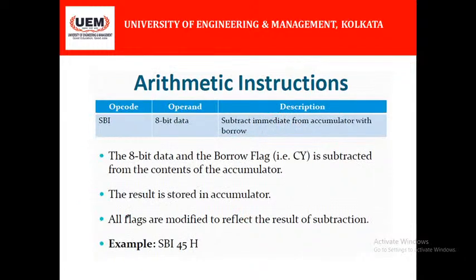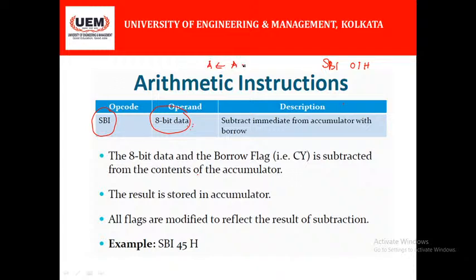But in case of SBI, we are not only subtracting the data explicitly given in the definition of the instruction, but also we are subtracting the borrow as well. For example, say SBI 01H. What is the micro operation written for that?